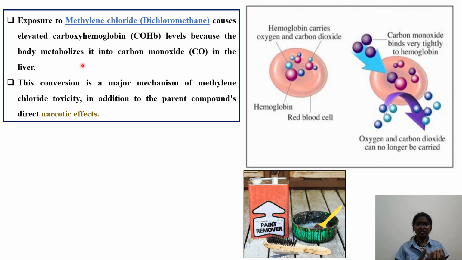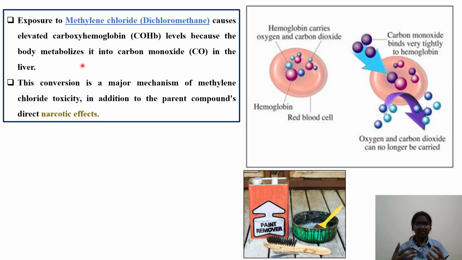Because of this, you no longer have free hemoglobin to which oxygen can bind, so the oxygen carrying capacity to the major organs is decreased. Deprived of oxygen, tissues and cells start undergoing death.